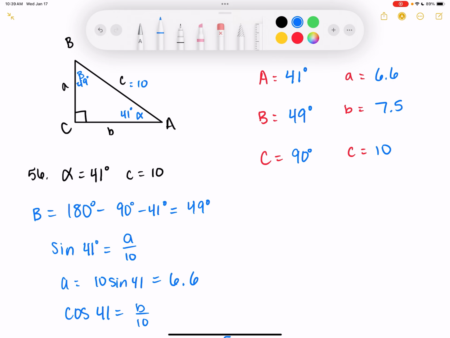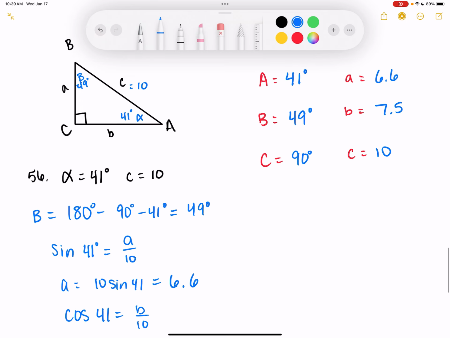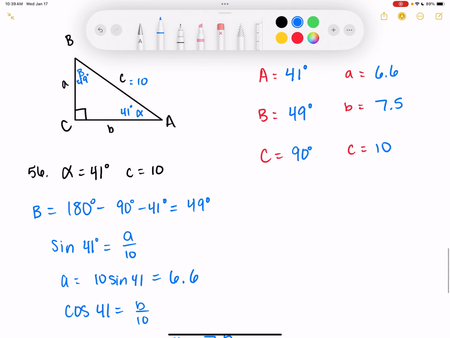The other way we could have found the other side, once we had two of them, was the Pythagorean theorem. I think y'all probably know that, but I personally think this is easier. There's less math involved than the Pythagorean theorem has. Do we need to see another one of these, or are we okay? Good. Okay.